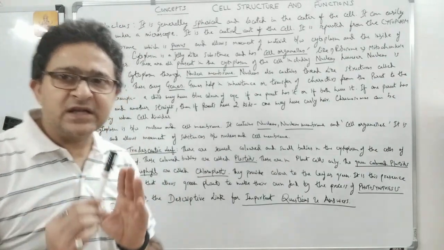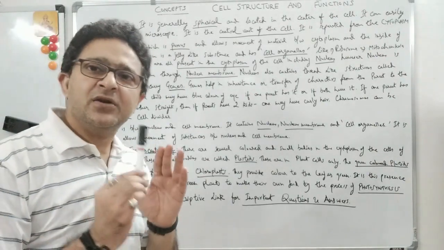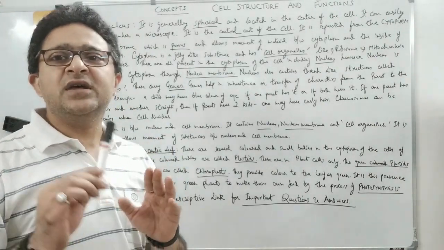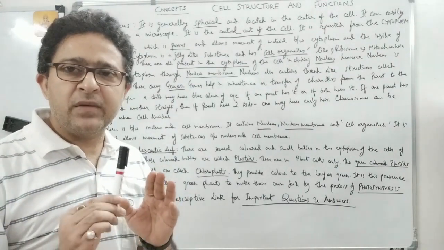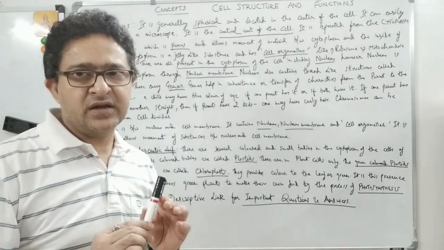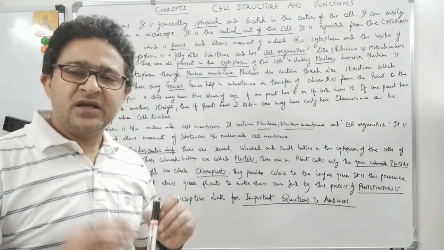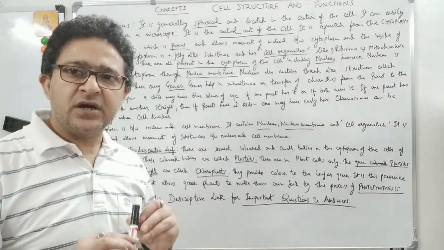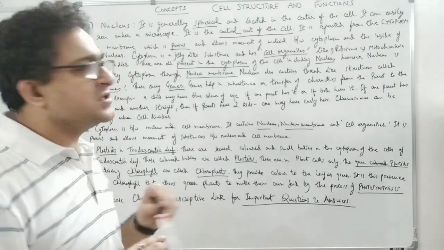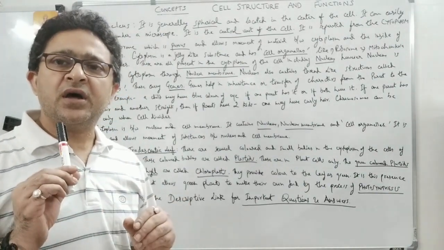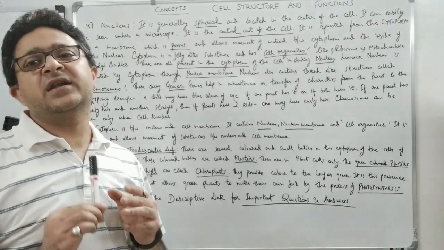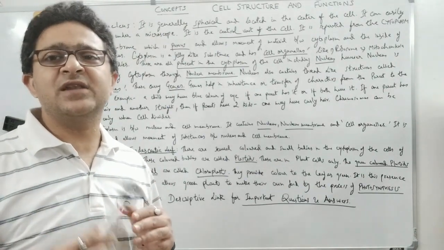So the cytoplasm is between the cell membrane and the nucleus, or you can say between the nuclear membrane and the cell membrane, right? You can refer to the diagram. The cytoplasm has a lot of things. It has got a nucleus, a nuclear membrane, and certain cell organelles.